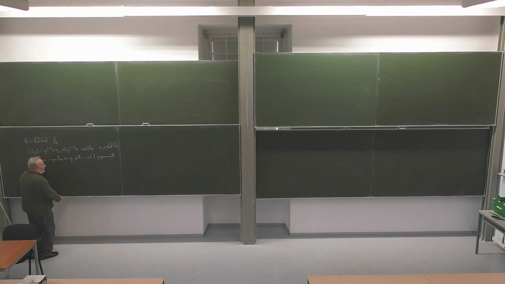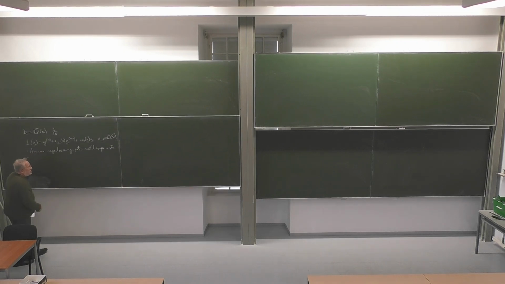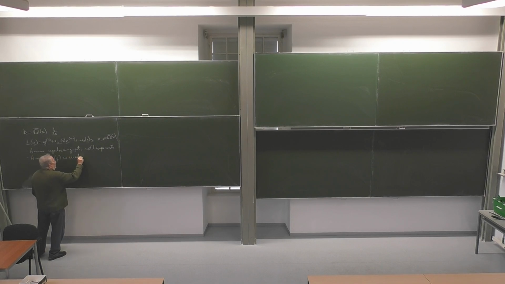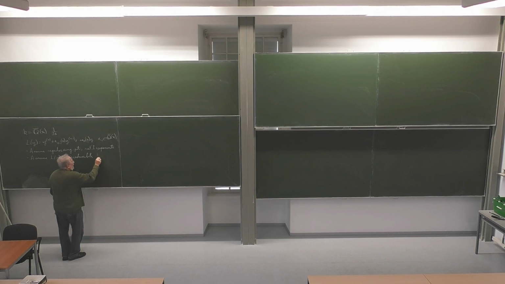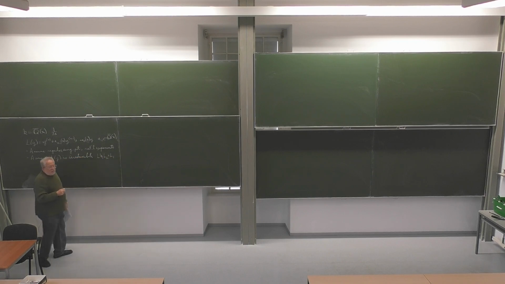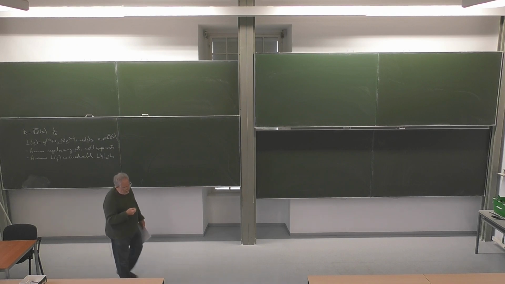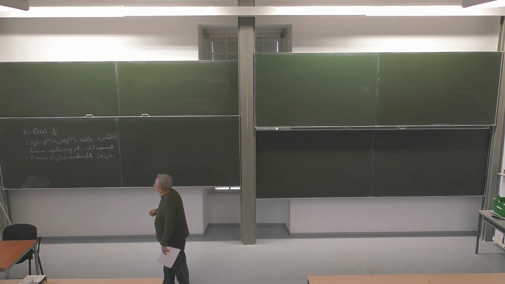I'm going to make a slightly unreasonable assumption, which will make things a little easier. I'm also going to assume that L of y is irreducible, meaning that I can't write L as the composition of two operators of smaller order. One can decide this, but it makes life simpler.